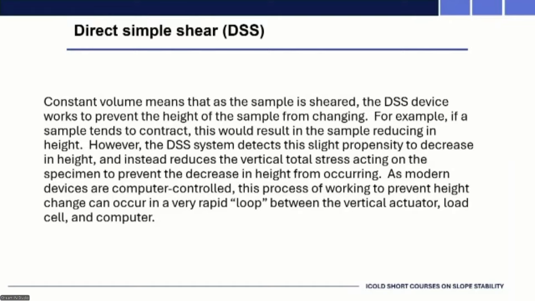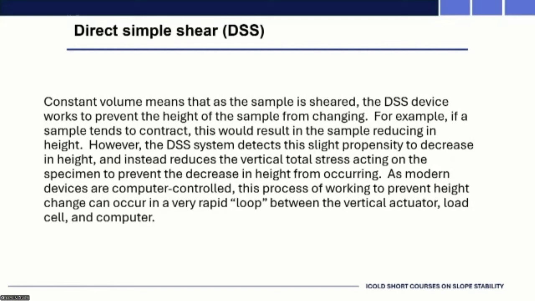So you're kind of doing a constant volume test, essentially. You've got to have good equipment, very minimal compressibility of the loading frame, and a good feedback loop. Now, that seems to be quite achievable these days with the modern DSS devices. So we're doing a test which is a constant volume, which is essentially undrained.